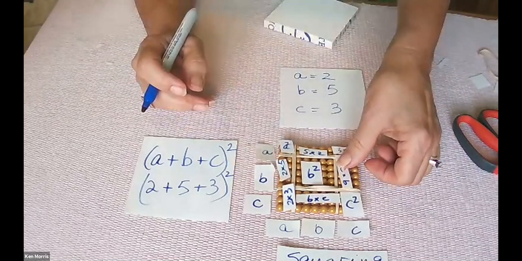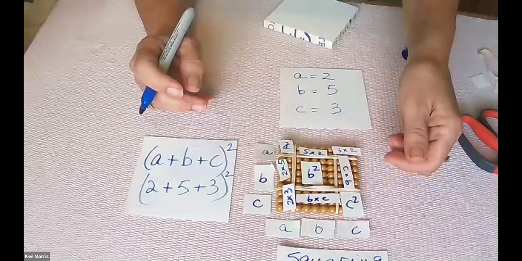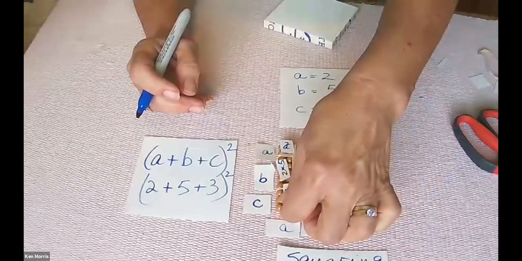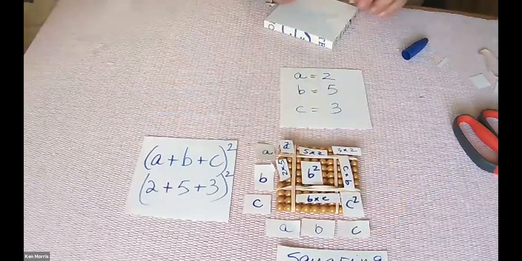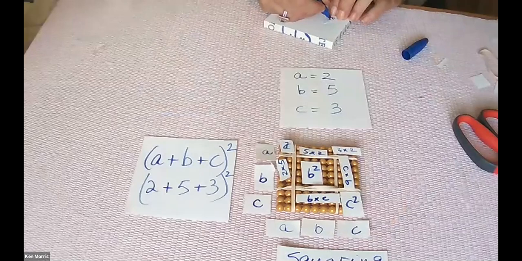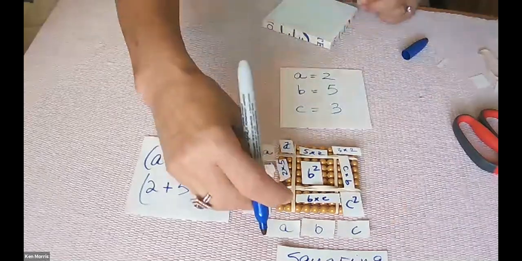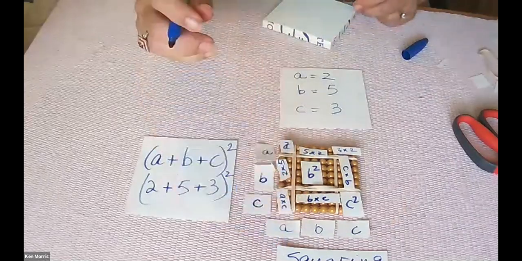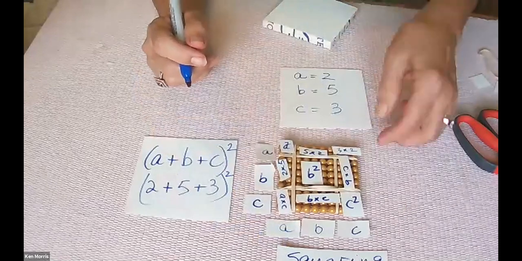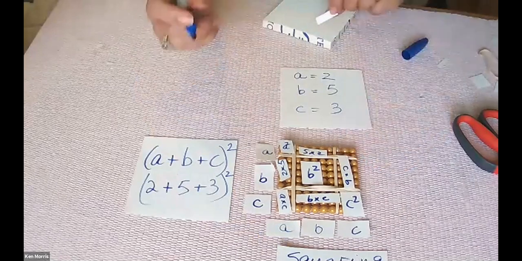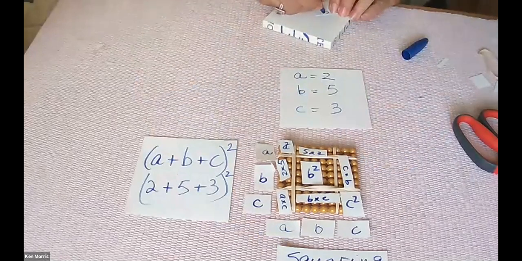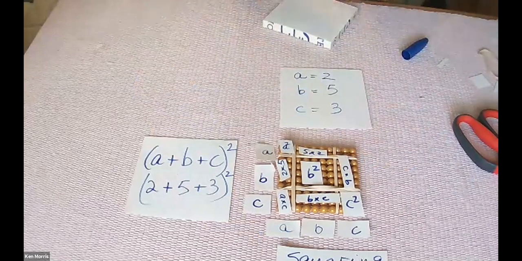Now let me go for my 2 times 3. 2 times 3 is going to be A times C, and my 3 times 2 will be C times A.